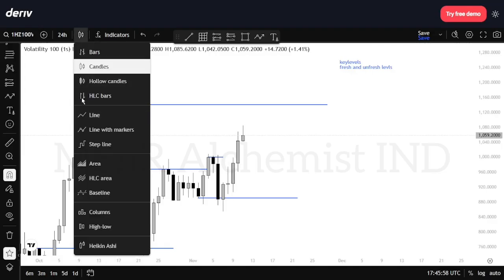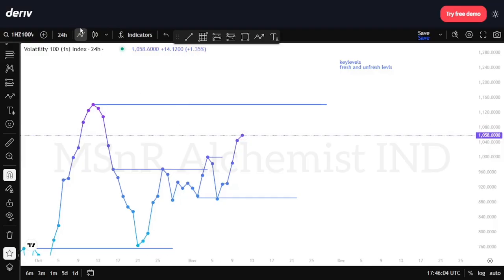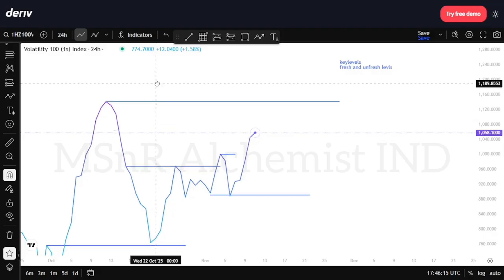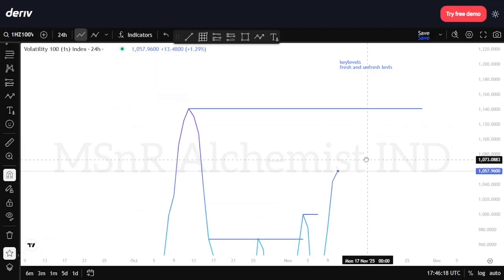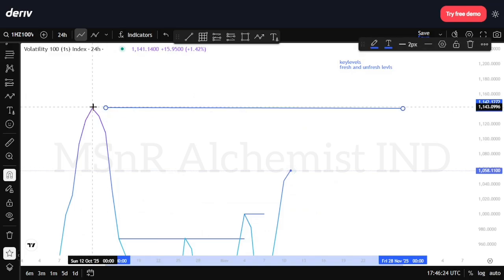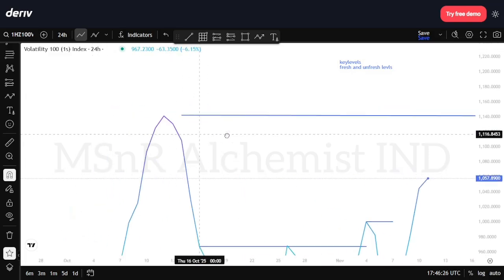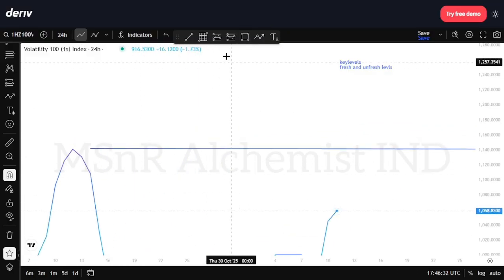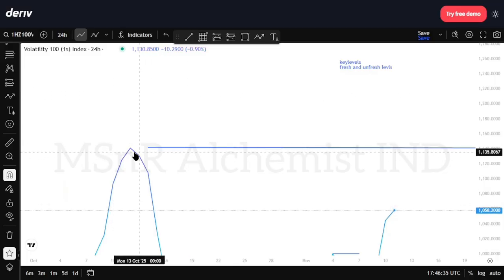So see, if I move to the line chart, this is a sharp point, and we have a sharp edge here. This sharp edge is a buying candle closing.